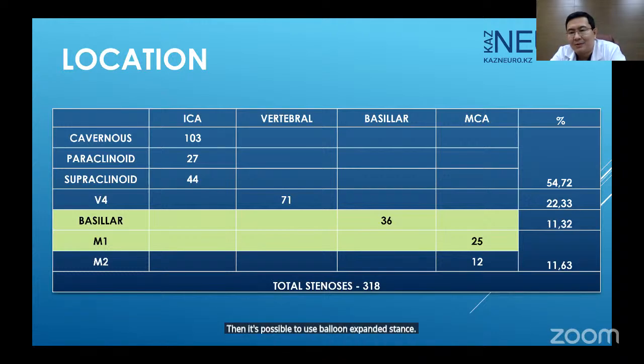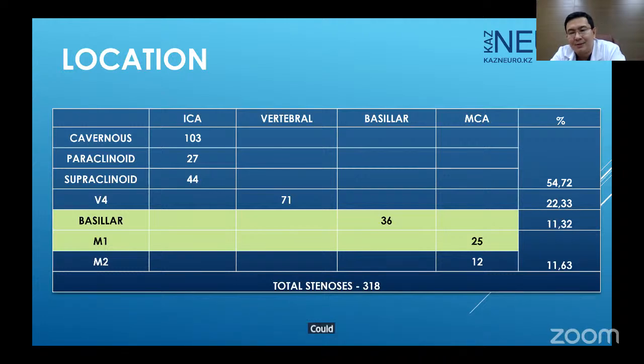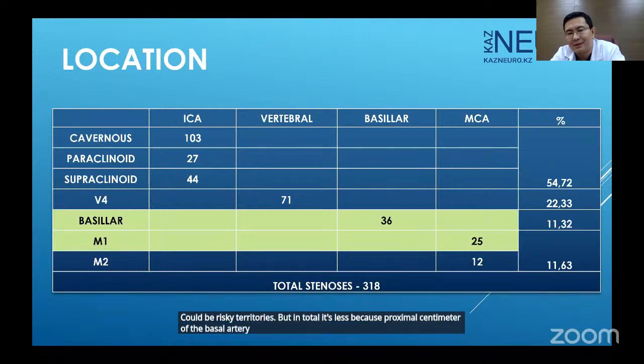If you count basilar and MCA territory, in total 22% of the cases could be risky territories, but in total it's less, because the proximal centimeter of the basilar artery has no perforating arteries, and the M1 segment does not always have lenticulostriate arteries along its whole course.